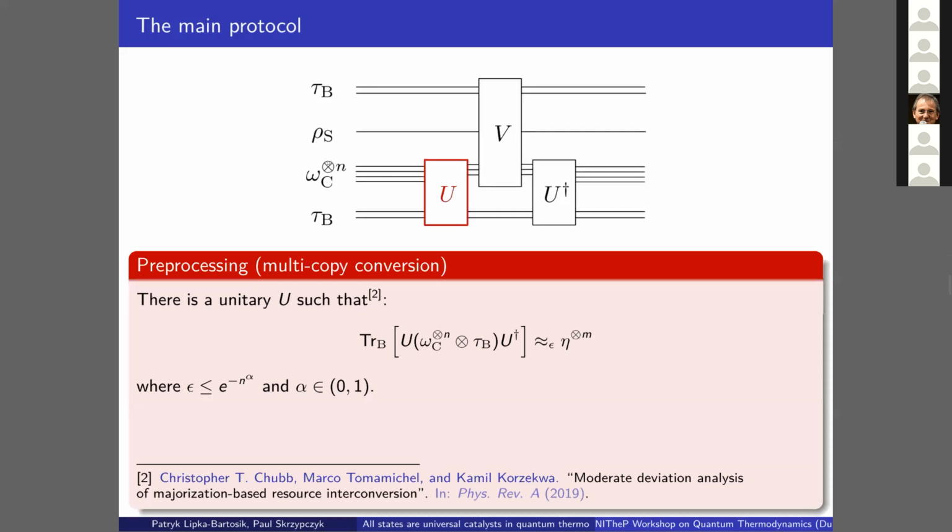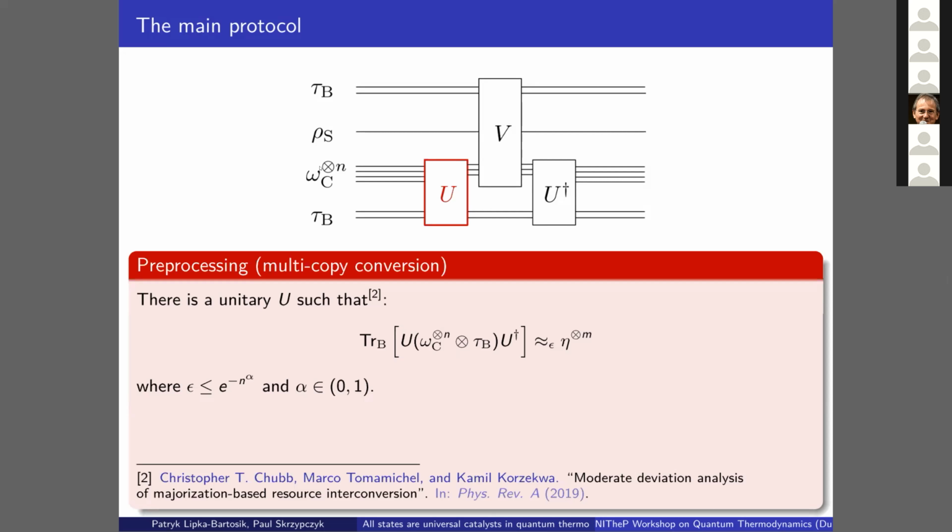To recall, we have n copies of the catalyst, and when n is sufficiently large, then due to the law of large numbers, the catalyst state almost uniformly occupies its typical subspace, and such a state can be converted in an almost reversible way into any other state.